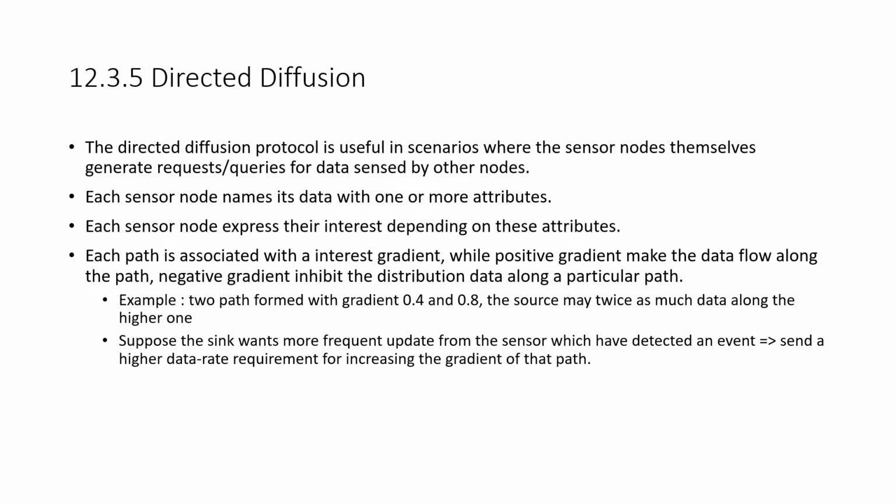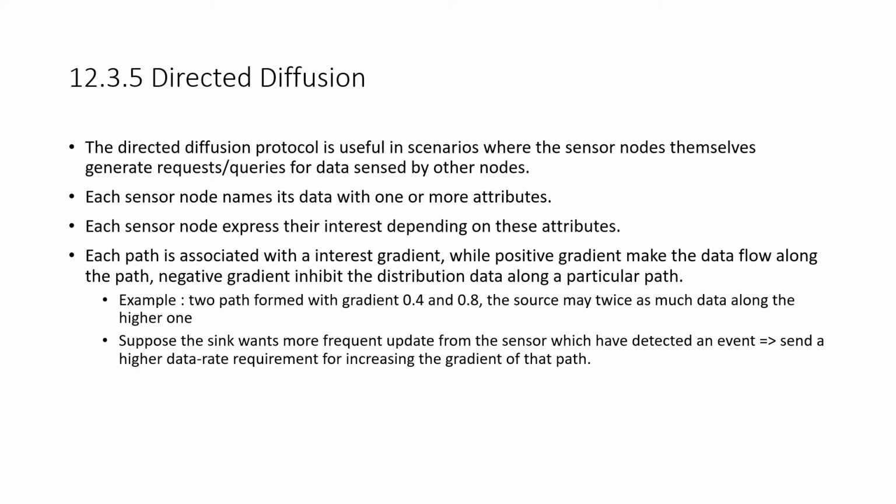Each path is associated with an interest gradient, where a positive gradient makes the data flow along the path. A negative gradient inhibits the distribution of data along a particular path. For example, we can take two paths created with gradients 0.4 and 0.8.